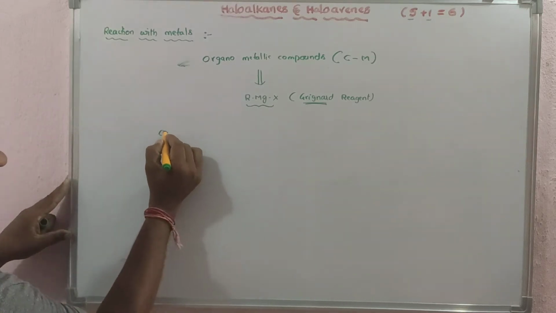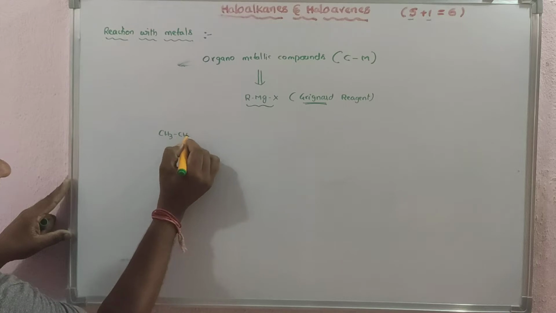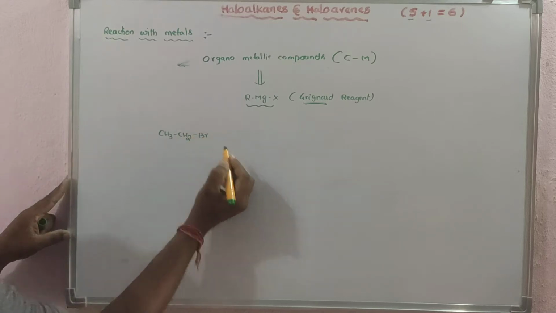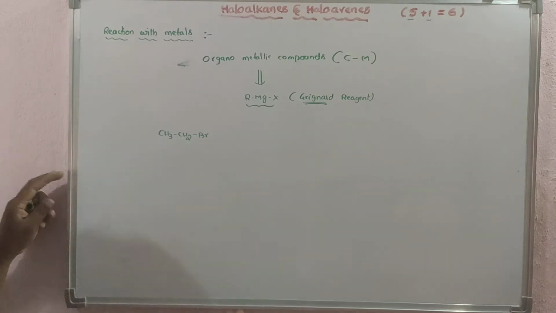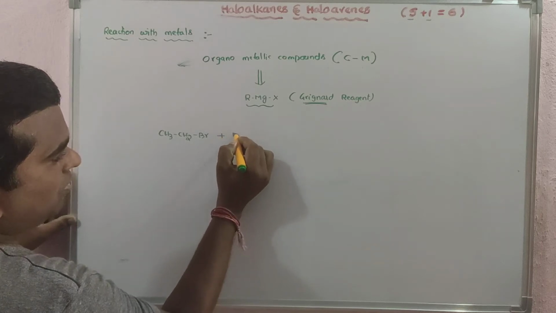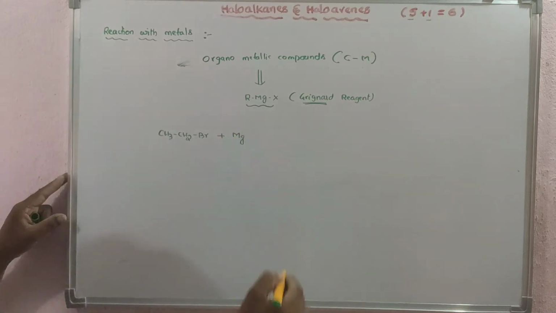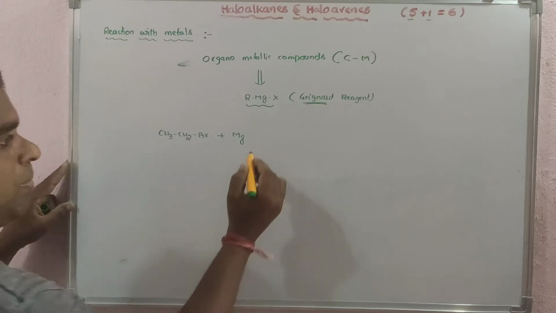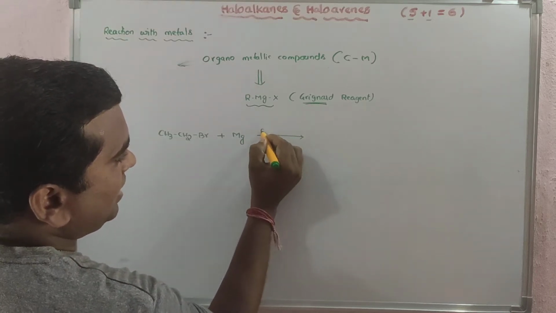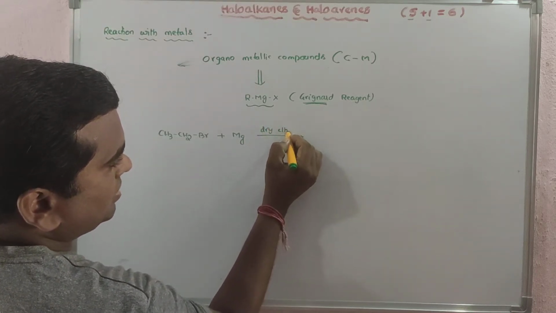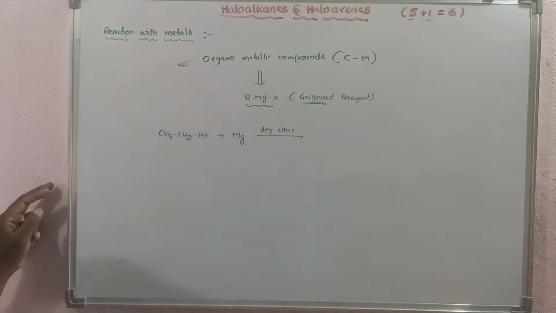Take the alkyl chlorides, alkyl bromides or iodides, that is, alkyl halides, and treat them with the metal, which here is magnesium, in the presence of dry ether. This condition is very, very important.